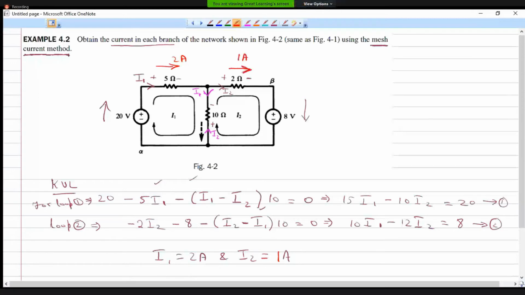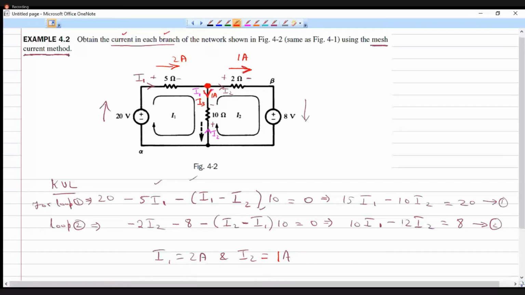What about the current here? I2 is entering at this node, 1 ampere, and I1 is leaving. So this current should be equal to 1 ampere and in the downward direction. You can mark it as I3 if you want, because the question is asked to obtain the current in each branch.